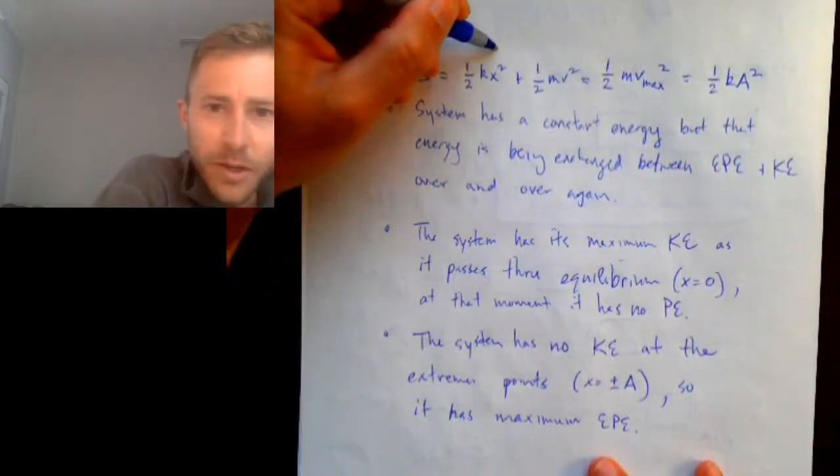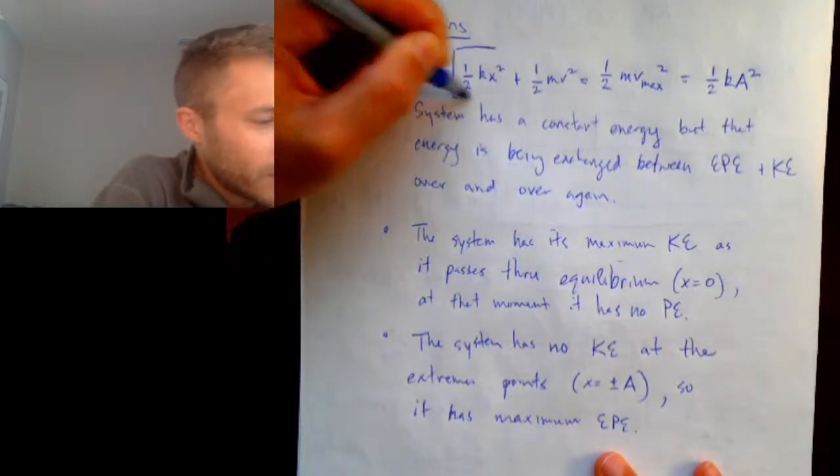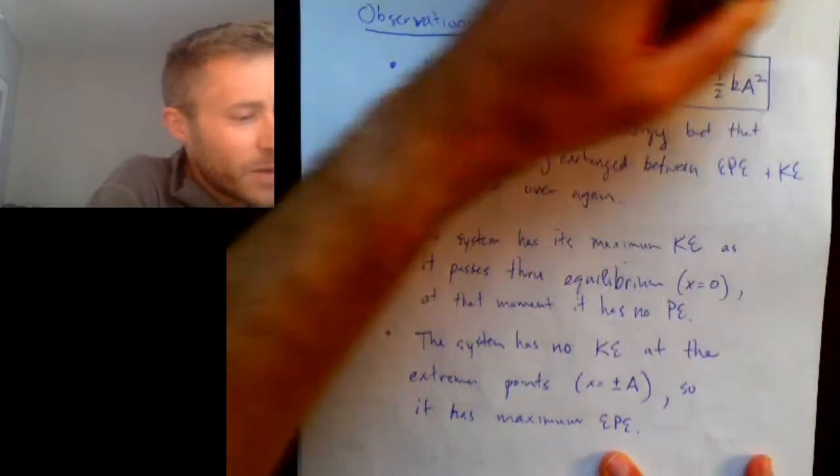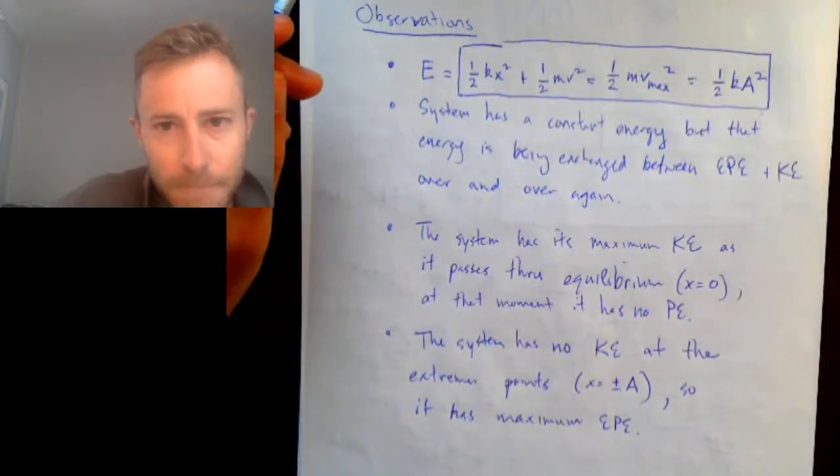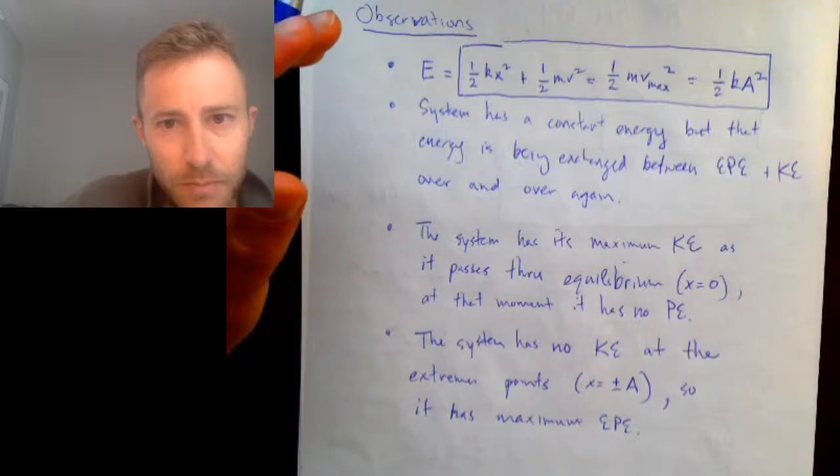Now, all three of these expressions give the same number for the total amount of energy of the mass spring system.